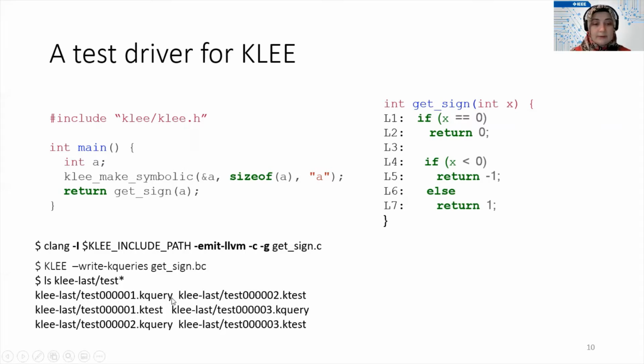The KQuery files are, I think, the most useful, especially if you don't want to replay the tests, which you can with the KTest files. So if you open the KQuery files and look at them, which we'll do next, you will see that they describe the test case, the symbolic constraint about the input variables.